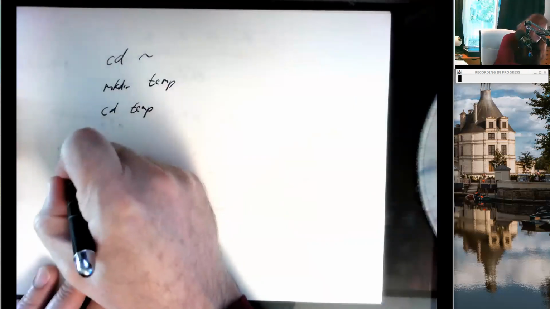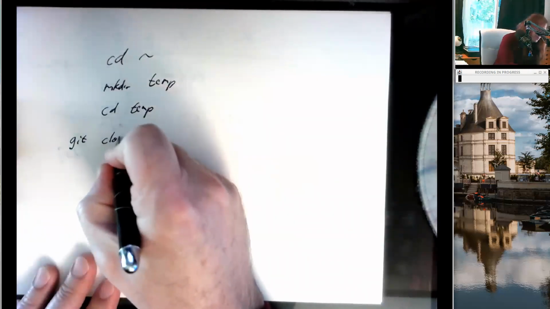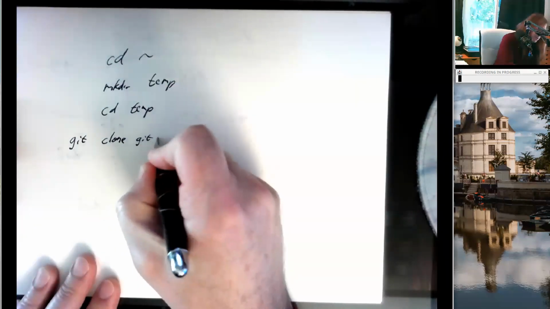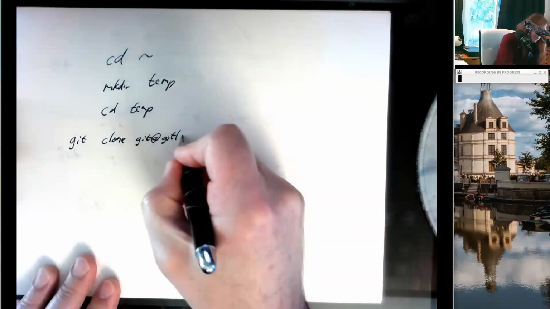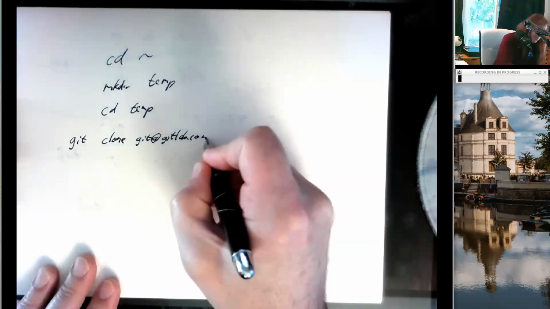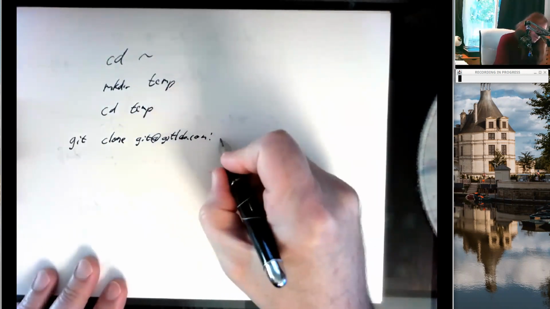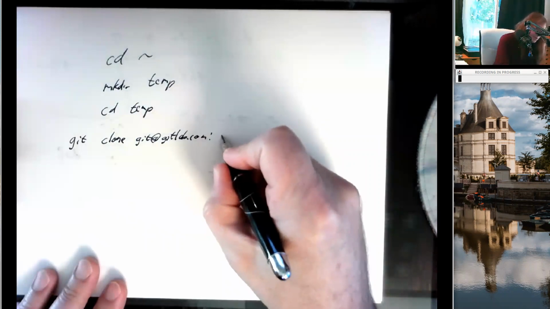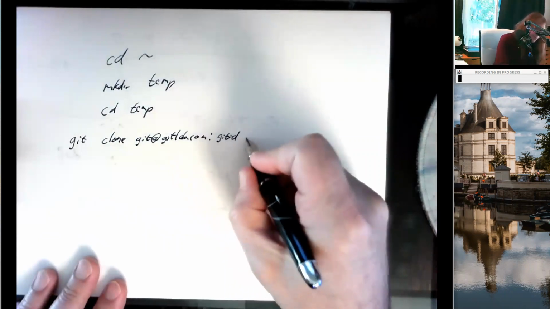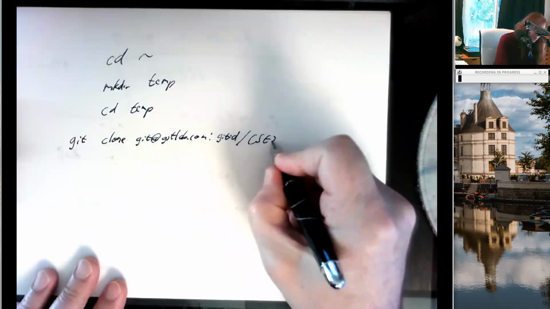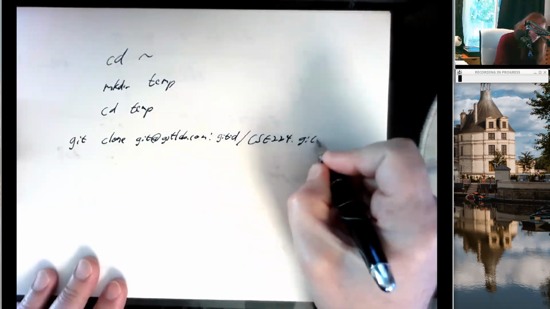And you can do the following command: git clone git@gitlab.com: whatever your username is at GitLab. So your git ID /CSE224.git.